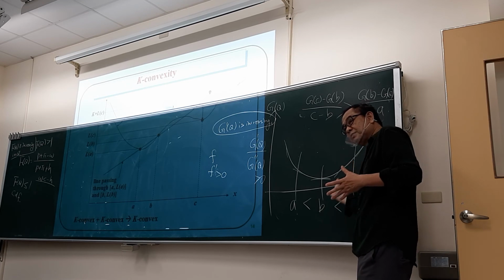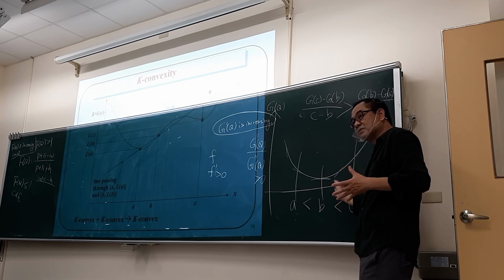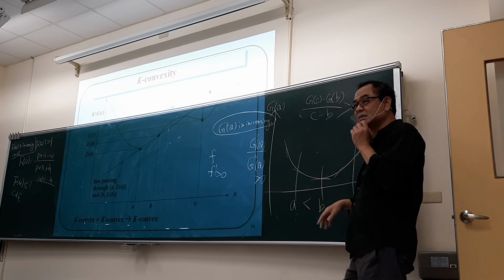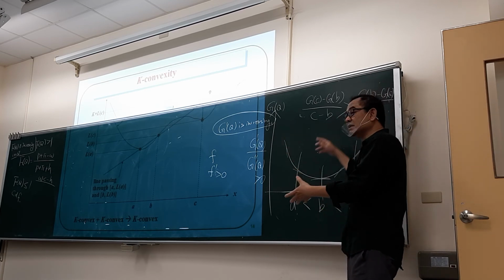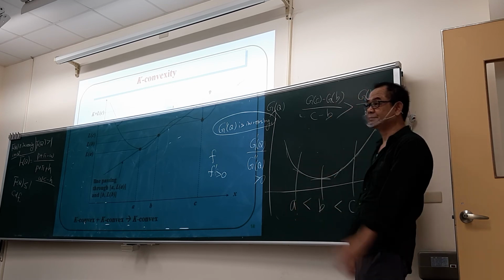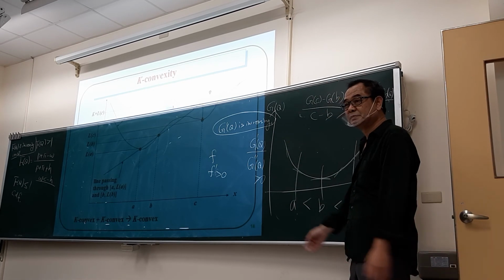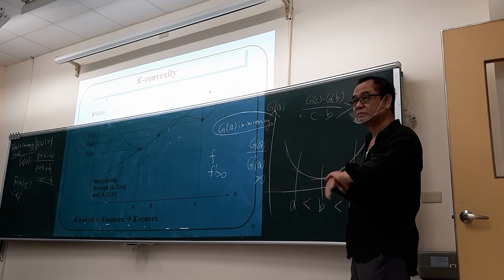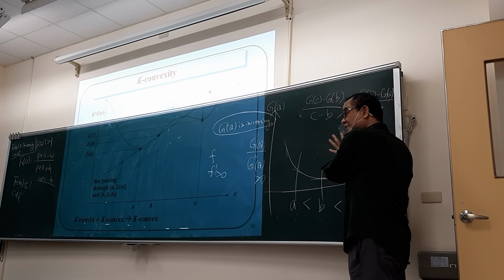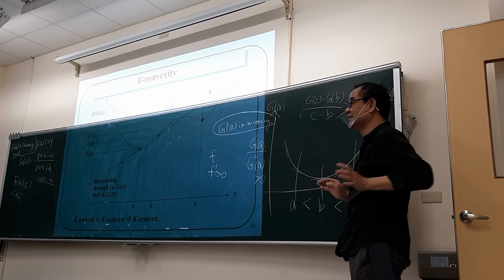Because the slope here is to the right of the slope here. So this one is larger than that one. So why don't we just increase the distance in between? All the properties hold. That's the most important property for convex, okay?